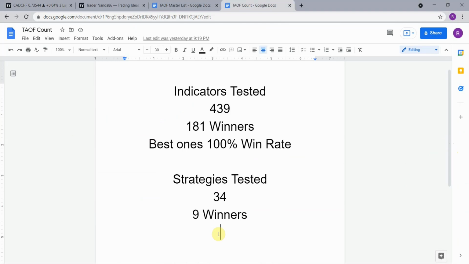We have also tested a total of 439 indicators, with 181 of them being winners. The best ones so far were able to achieve a 100% win rate. Now you need to go back and watch those videos to understand the context of how they were able to achieve that. So go back and watch those videos and see what you can get out of those winning indicators.